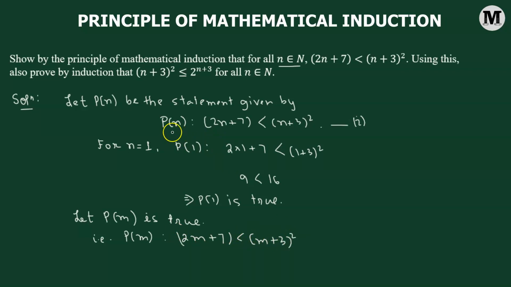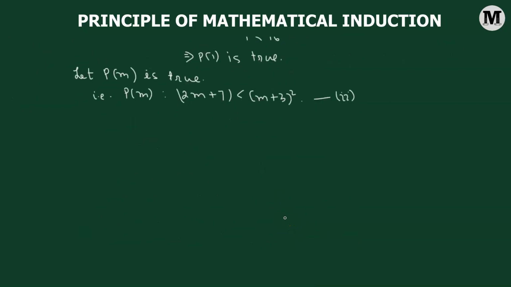All we've done is take the statement P of n and replace n with m. So this is going to be statement number 2, and we're assuming that this is a true statement. With the help of this statement, our goal will be to verify that P of m plus 1 is also true.